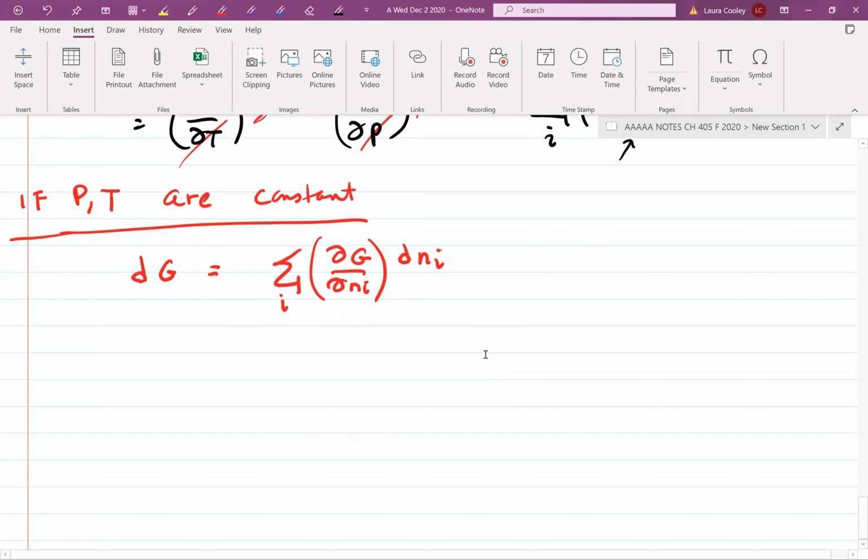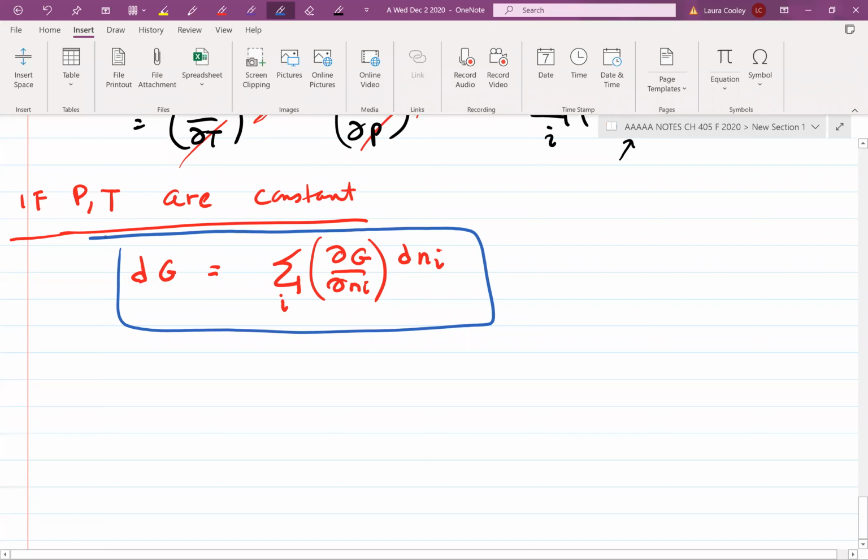So this equation right here is how physical chemists start to talk about chemical equilibrium. This is really a starting point.